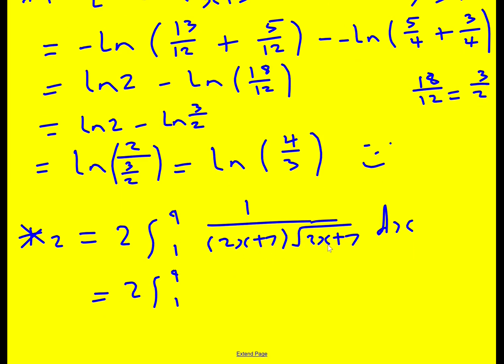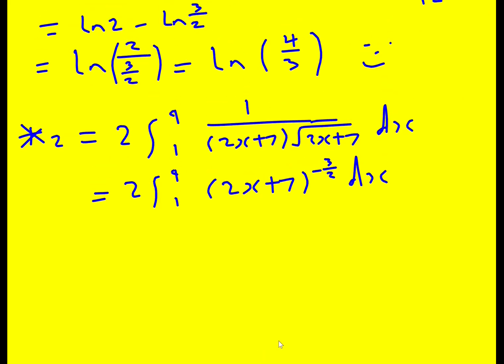I can actually bring these together because this is just 2x plus 7 to the power of a half. So I can add the powers. It's going to be 1 over 2x plus 7 to the 3 over 2, or 2x plus 7 to the minus 3 over 2. And this is much nicer to deal with than that part B one, where we had to complete the square.